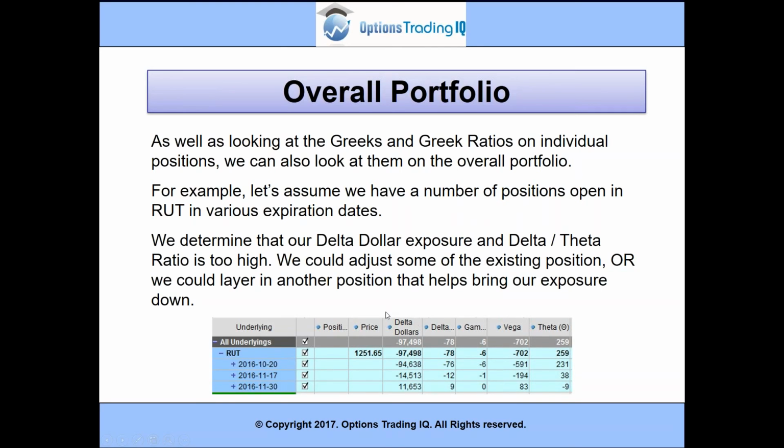Maybe in this example, your account size is 75,000 and your delta dollar exposure is up at 100,000. So your delta dollar exposure is too high for your account size, and you want to bring that down. And you've standardized your delta dollar ratio, your 97 divided by 259, you're still too high. So you want to do something to bring that ratio down.